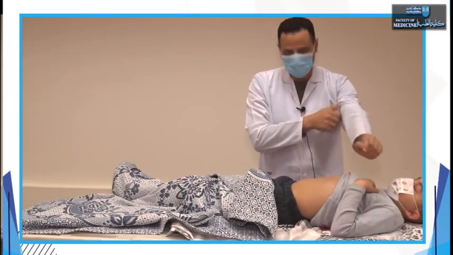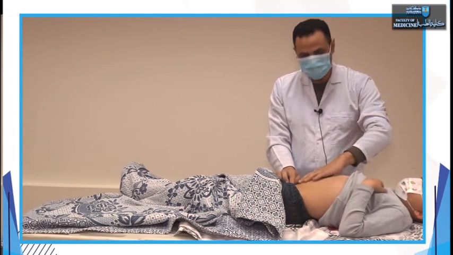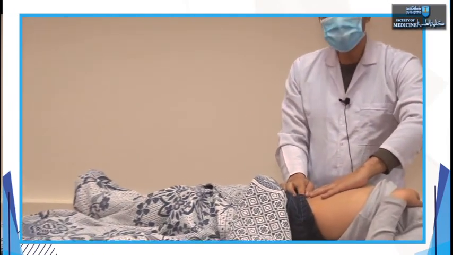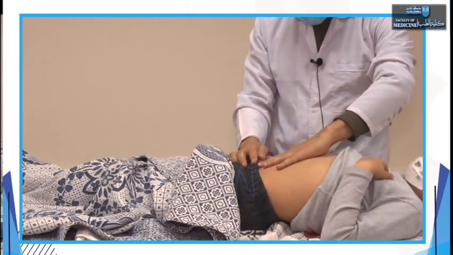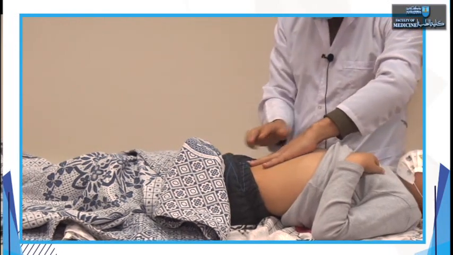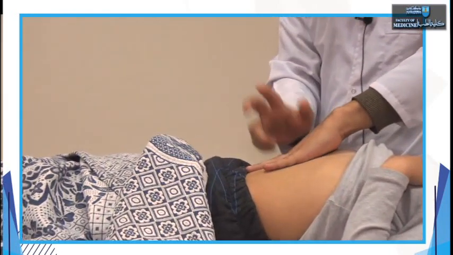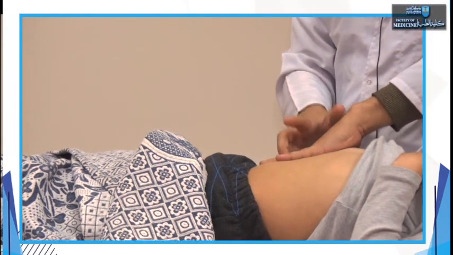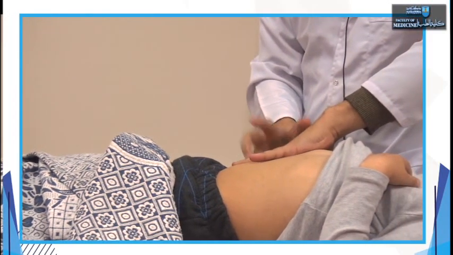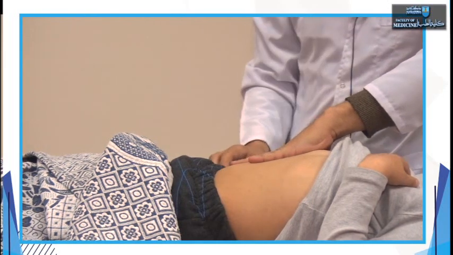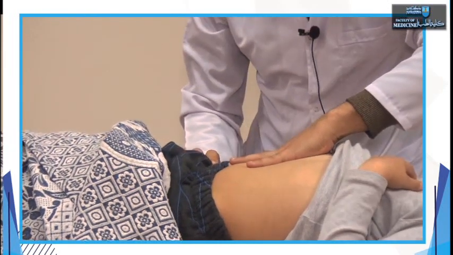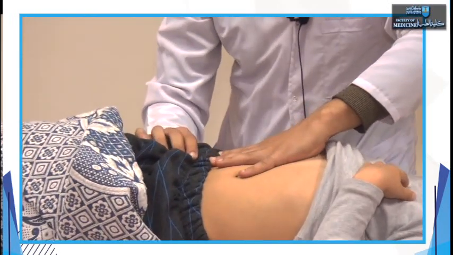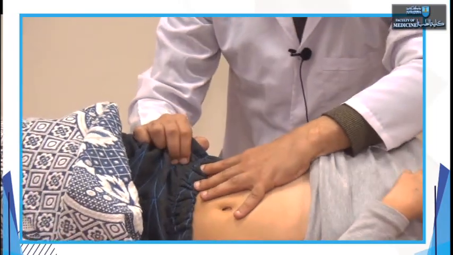Now I will examine for the presence of ascites using the shifting dullness technique. He starts to blow the umbilicus. I found dullness here, so I will ask the patient to go the other side.